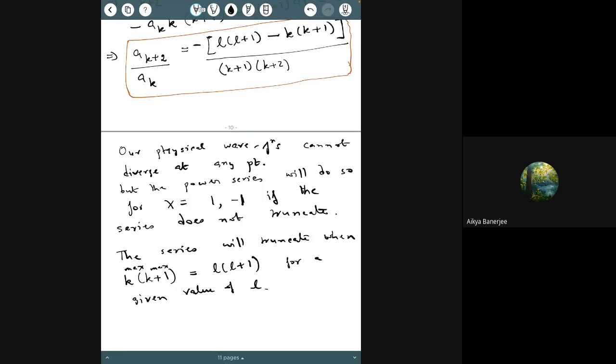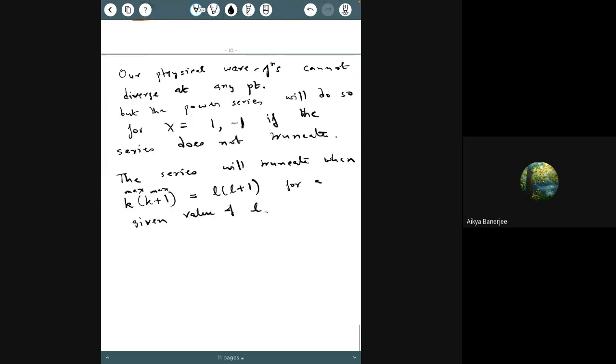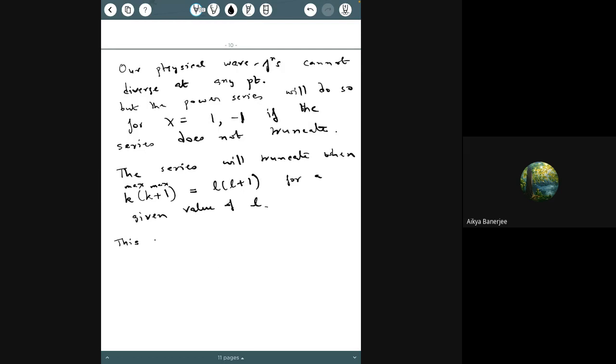Okay. This also means that since k is an integer, L also belongs to integers.